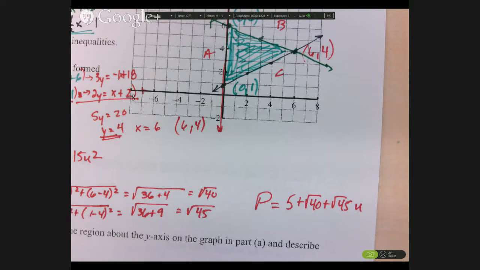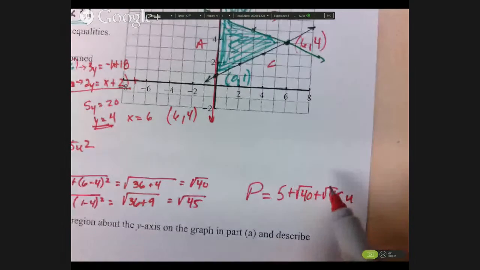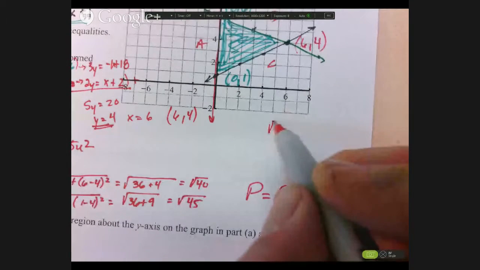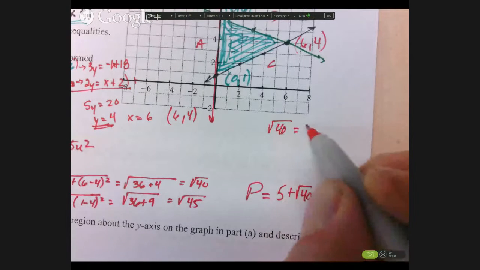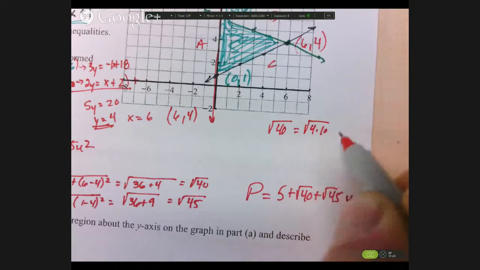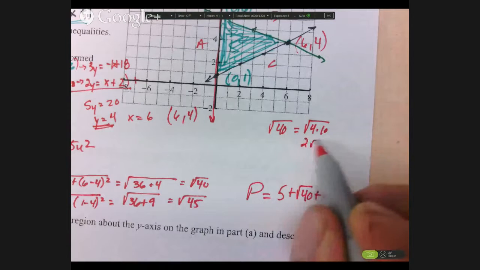Do you guys remember how to simplify square roots? Anybody? 40 is 4 times 10, right? What's the square root of 4? 2. So this is actually going to be 2 root 10.